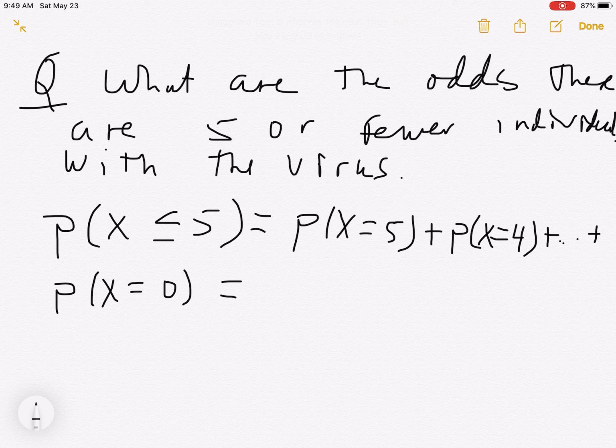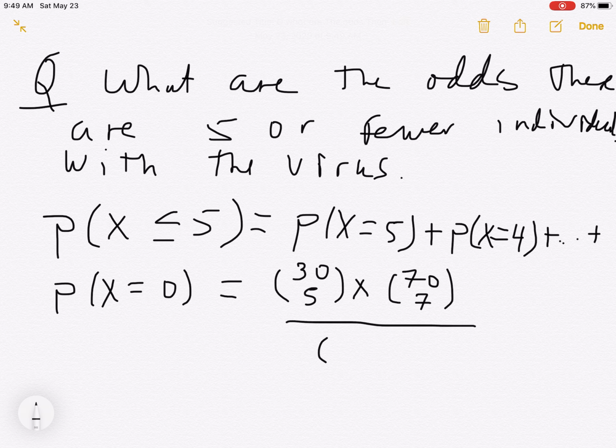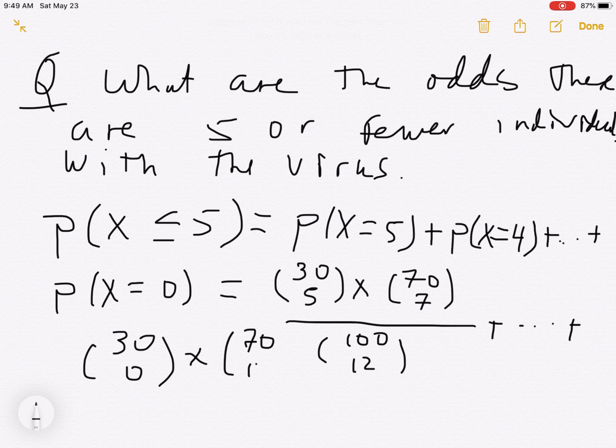So you'd have to add up this probability that there would be 30 choose 5 times 70 choose 7, divided by 100 choose 12. That would be the probability x equals 5. Then you have to add up x equals 4, x equals 3, x equals 2, x equals 1, and you keep going all the way down to the probability x is 0. Well, if x is 0, that'd be 30 choose 0 times 70 choose 12, divided by 100 choose 12.